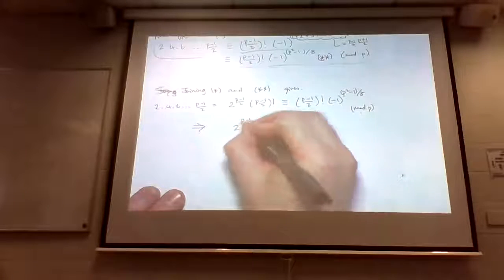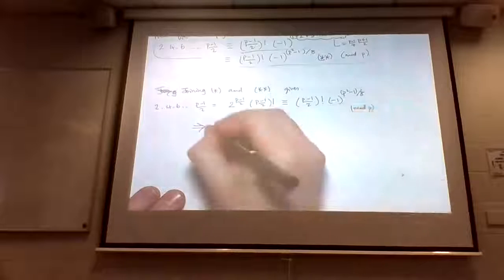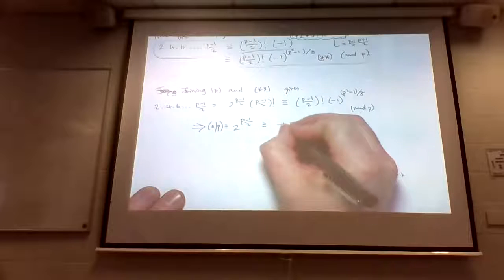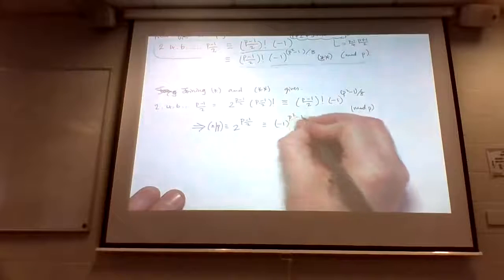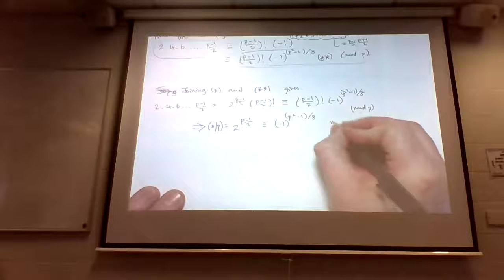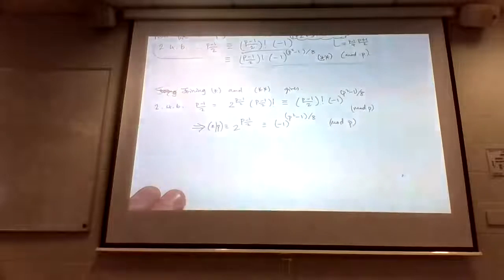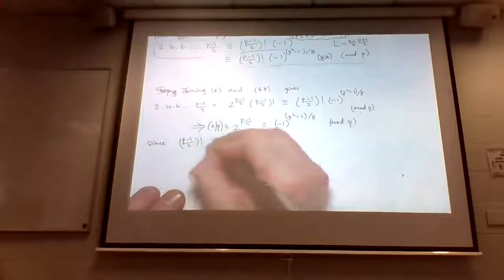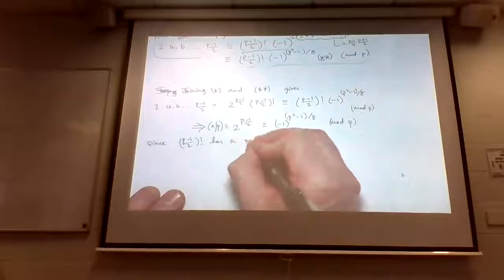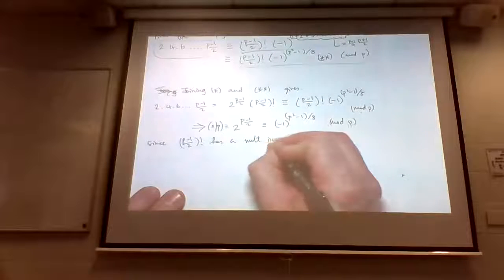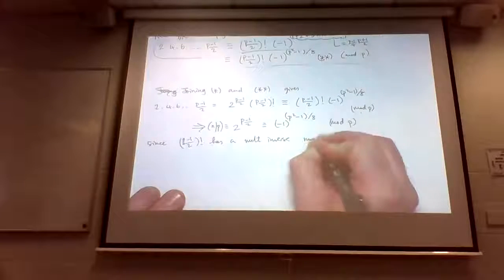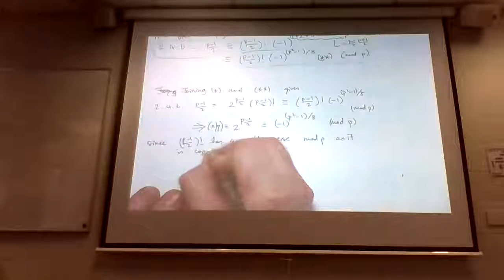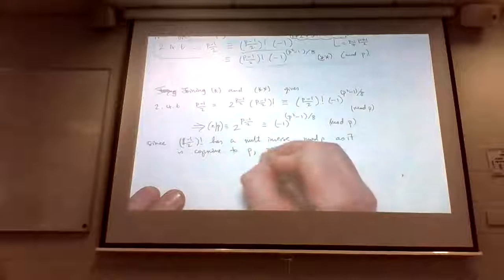So boom, we can cancel it. So remember, this is the Legendre symbol. So we better justify that. Since ((p minus 1)/2) factorial has a multiplicative inverse modulo p, as it is co-prime to p, as p is a prime.